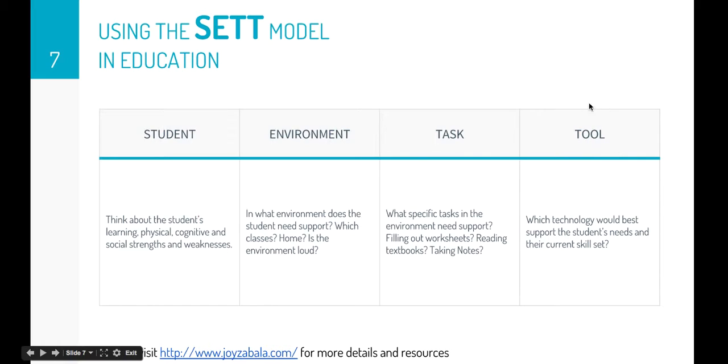So this is where a lot of the problem solving happens, and it also happens here where you might, as a teacher, reconsider the task. Maybe asking a student to do a particular task is not the best way to meet your learning goals. And we'll talk about this later, but this is where universal design for learning can really be implemented.